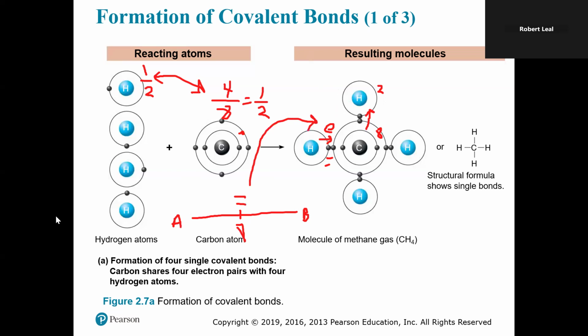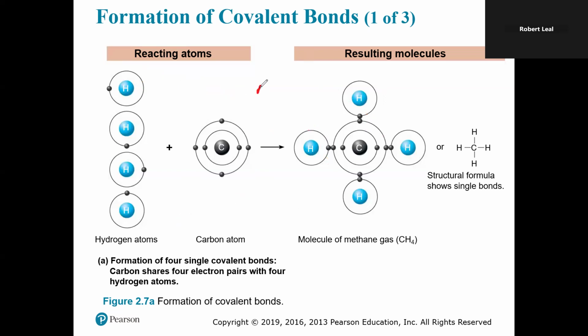Because the electron's in the middle, there's no charge, and this type of bond is referred to as a nonpolar covalent bond. Covalent means that electrons were shared. Nonpolar means the electrons are in the middle. They didn't go more toward the hydrogen, neither did they go closer toward the carbon. The electrons are in the middle.